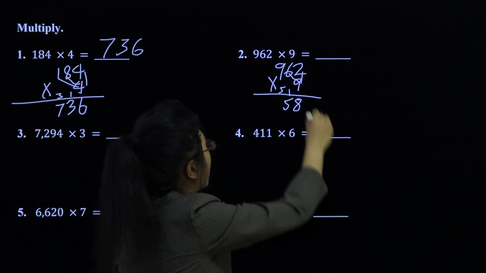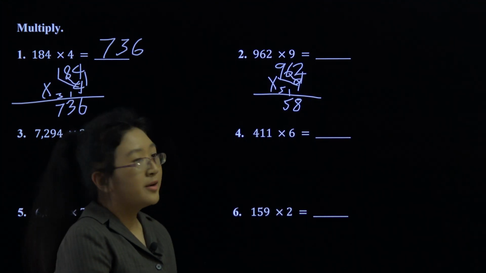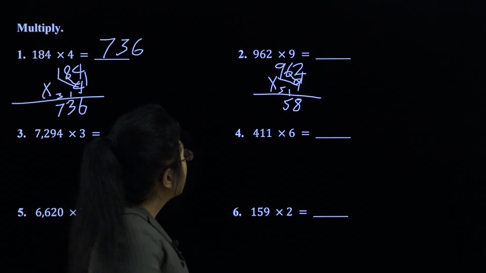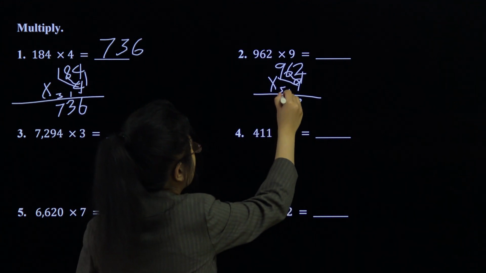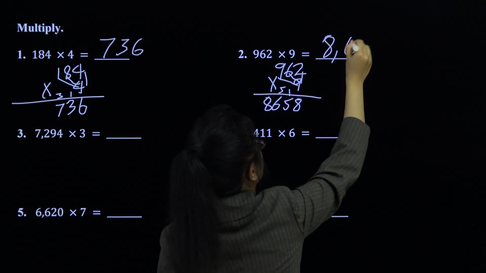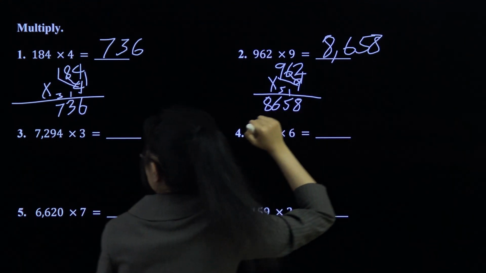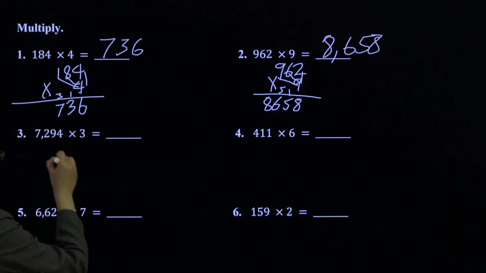Regroup. And then you do the hundreds place. 9 times 9, 81. Plus the regrouped 5, 86. And you get 8,658. Here we move on to even more digits.